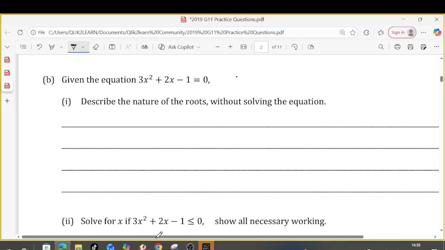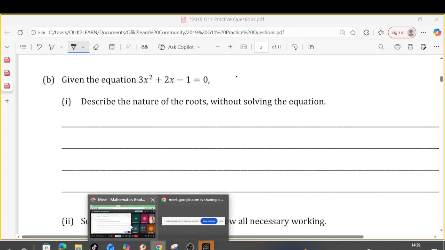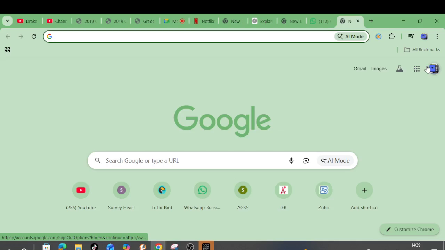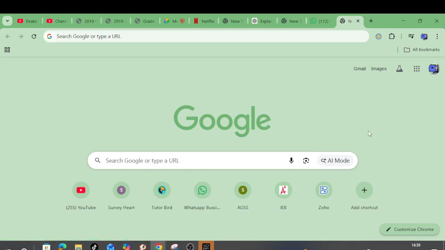Let me just get the science clinic. If you understand this map, there's no way you're not going to get the nature of the roots. You'll always collect those marks.